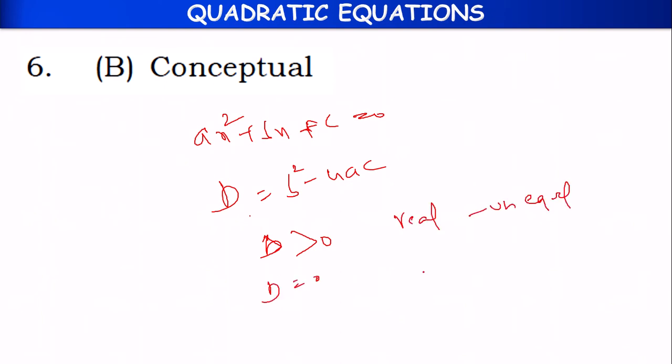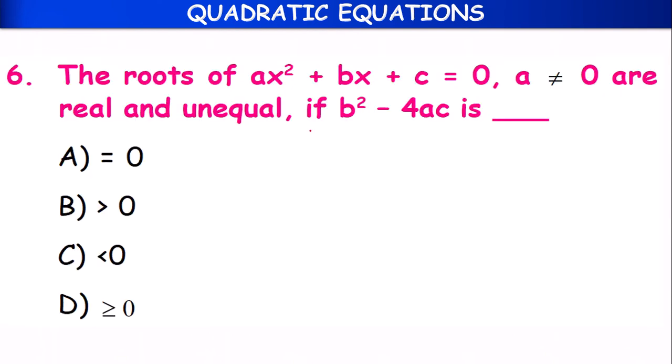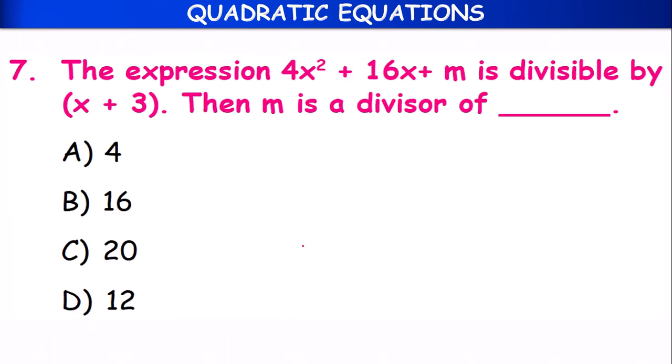If it is equal to 0, real and equal. If it is less than 0, imaginary and unequal. These conditions we have already learned, children. So as per the present question, if roots are real and unequal, then the discriminant should be greater than 0. So option B is correct.